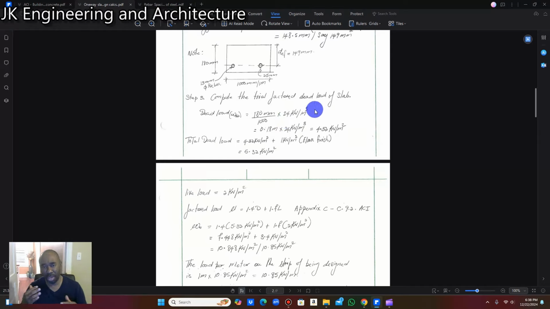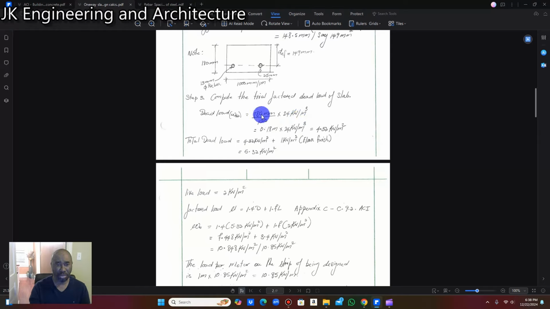And the reason why we multiply by 24 kilonewtons per meter cube, remember I've said to you before that the unit weight for reinforced concrete is 150 pounds per cubic feet, or 24 kilonewtons per meter cube. So since we want the weight, we times the depth by 24 kilonewtons per meter cube.